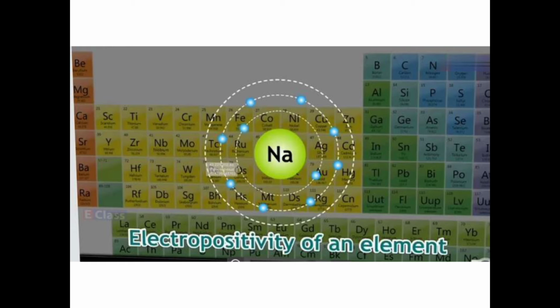All the electrons in any atom are held by the attractive force exerted on them by the positive charge of the nucleus. Electrons in the inner shells lie in between the valence shell and the nucleus.